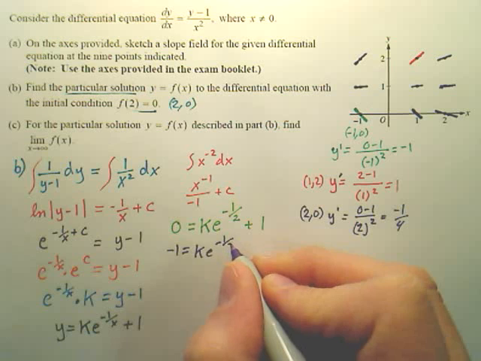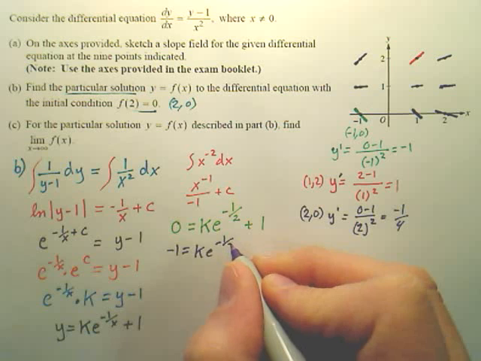And now, this is kind of weird, but if I want k by itself, could I divide by e to the negative 1/2? Never mind. If I divide by e to the negative 1/2, there's an easier way if you think of negative powers, but if I divide by that, that's gone.